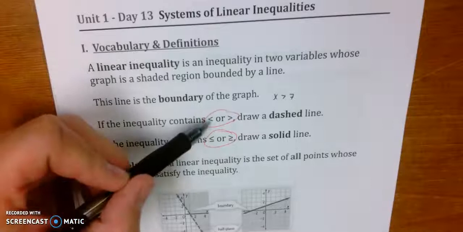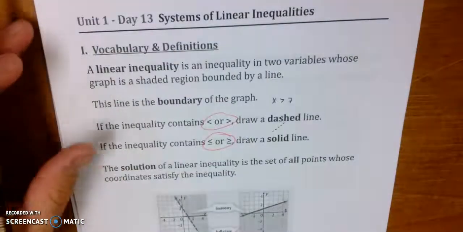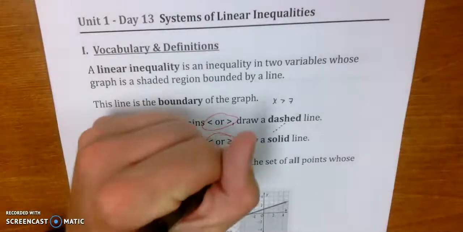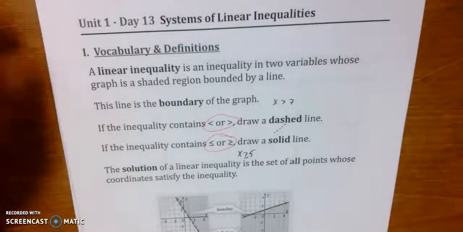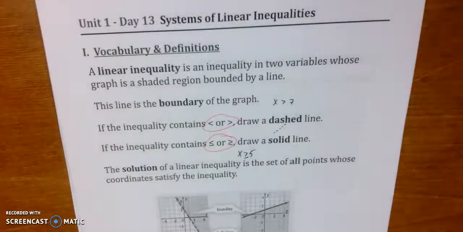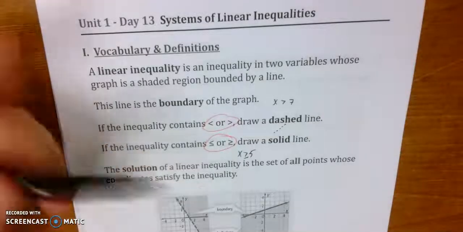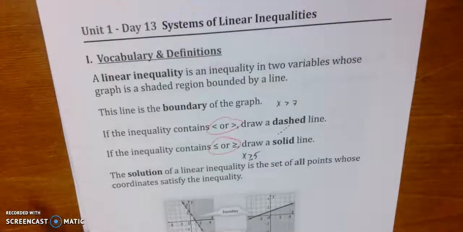Anytime you have a strictly less than or strictly greater than, you're going to use a dashed line to represent those relationships. On the flip side, if we had a situation, I'm making this up, like x is greater than or equal to 5, well, then that tells me 5 is included. So less than or equal to, greater than or equal to, those are called inclusive inequalities. So it includes that cutoff value.